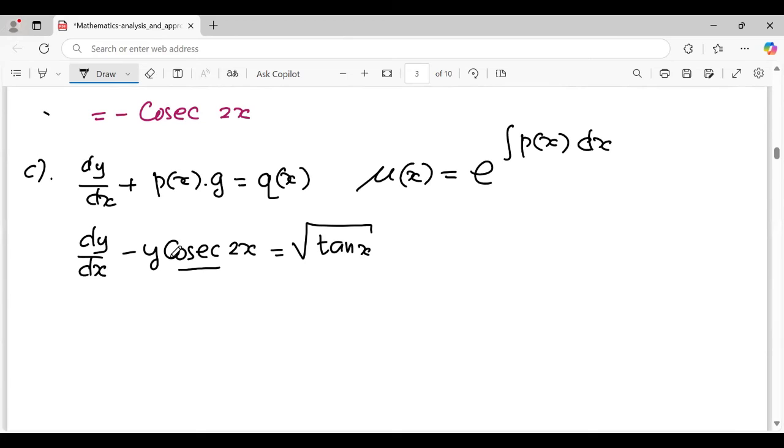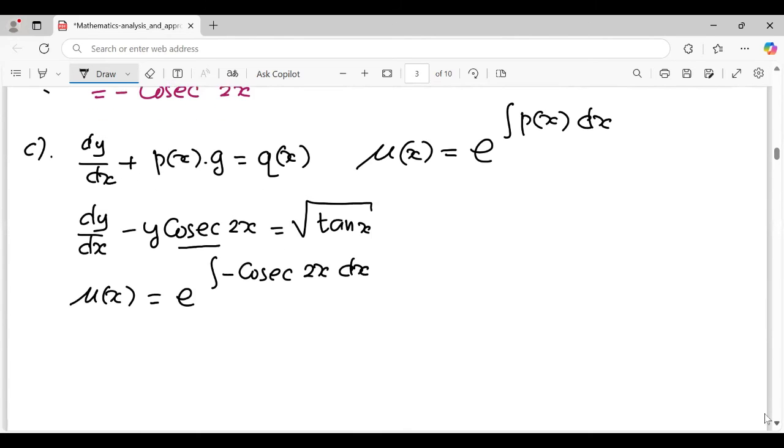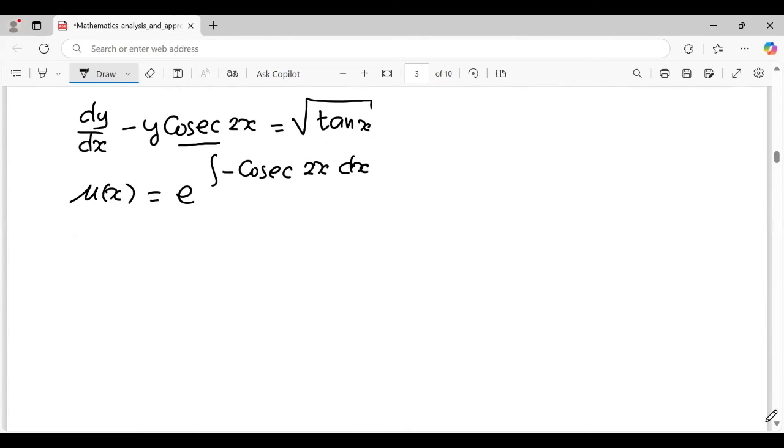So we are going to find this integral. This mu(x) is e power integral minus cosecant 2x dx. So we have to find the integral of minus cosecant 2x dx.